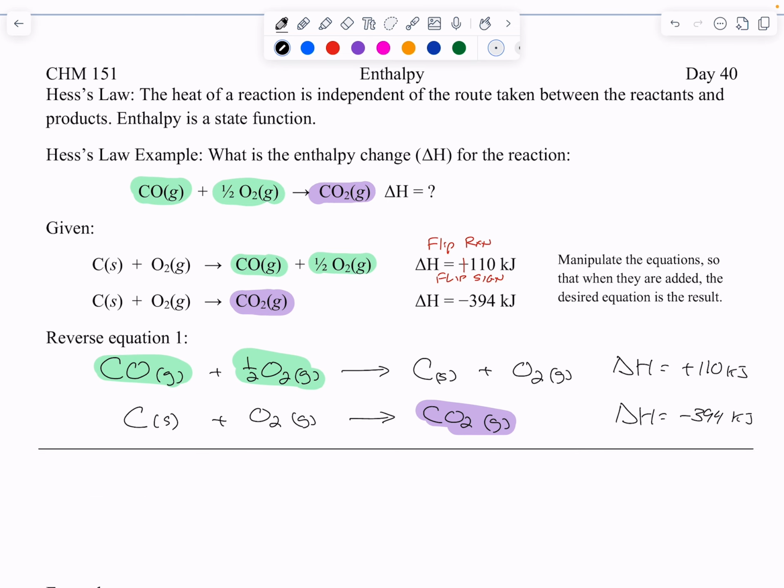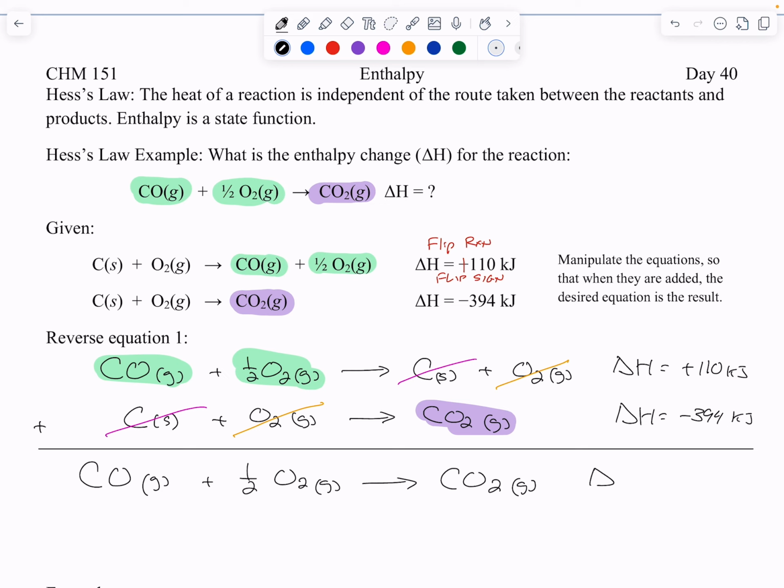So if I were to add these up, all right, what do you notice? What cancels? You guys see how O2 and O2 cancel? And that's carbon and carbon cancel. If I add these two reactions, I'd have CO gas plus 1/2 O2 gas going to CO2.